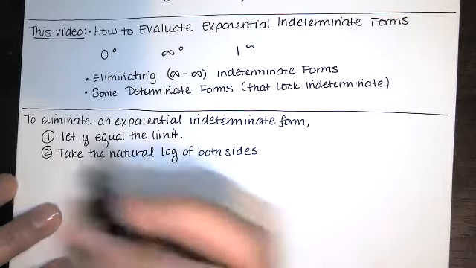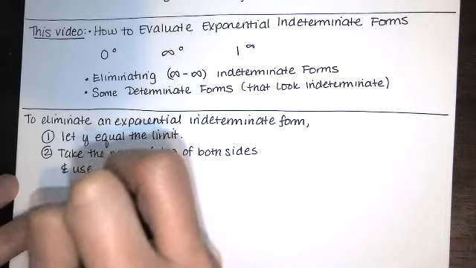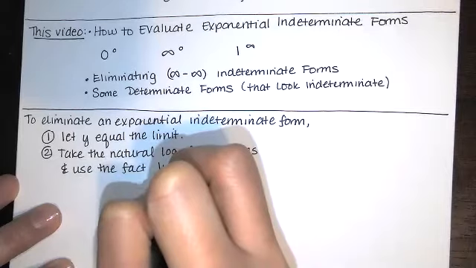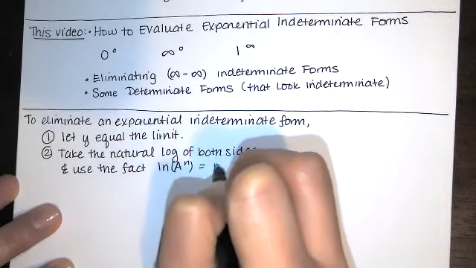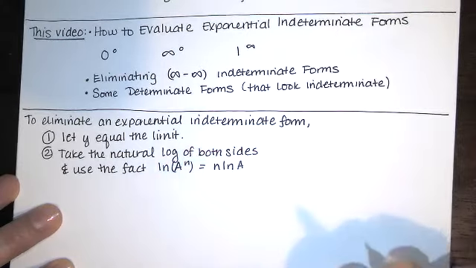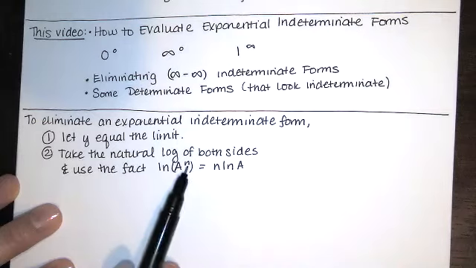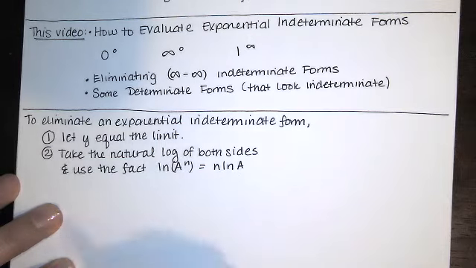So you take the log of both sides, and then you use the fact that natural log of a to some power is that power times natural log of a to rewrite that expression. So you're going to take that exponential and end up writing it as a product because you can bring that exponent down if you have the log of that there.